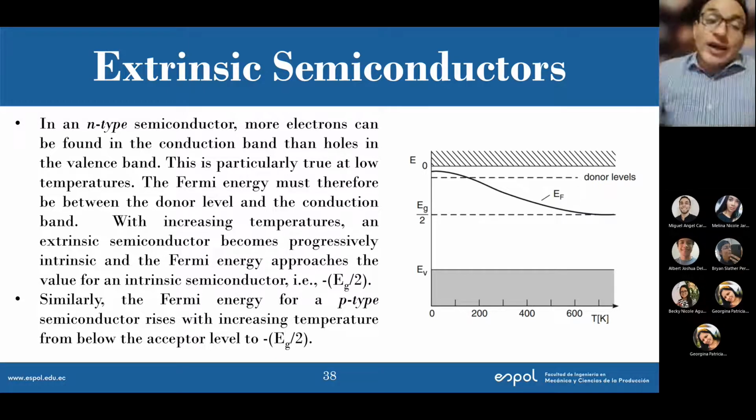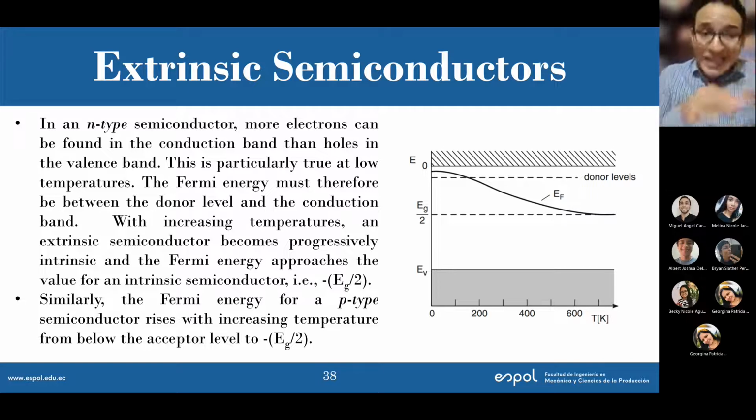If we go, let's say, to an N-type semiconductor, I think it makes sense to think, and that is actually true, that more electrons will be found in the conduction band than holes in the valence band, because I had extra electrons, right? Because it is an N-type semiconductor, so I put extra electrons. So it makes sense that I will have more electrons in the conduction band than holes in the valence band.